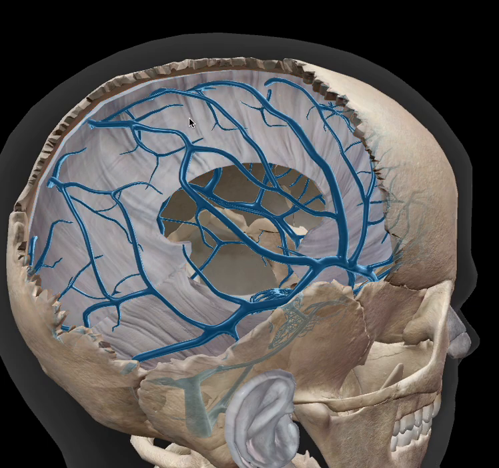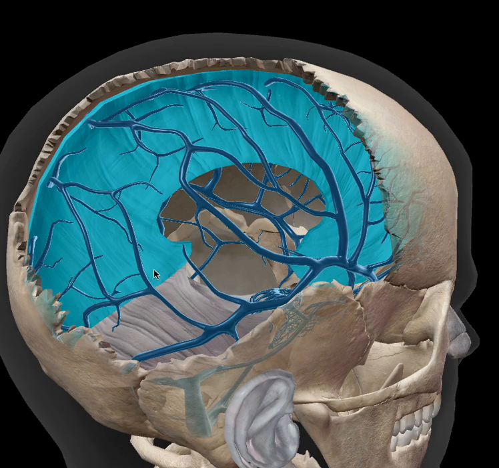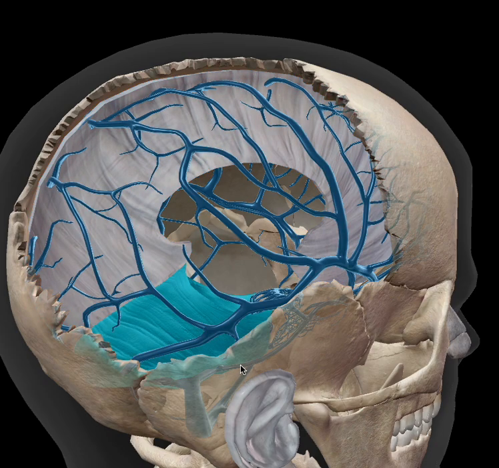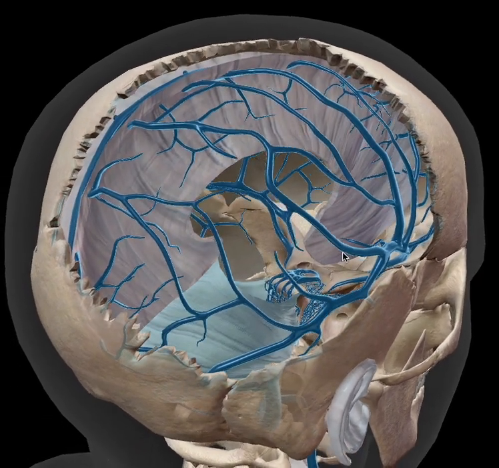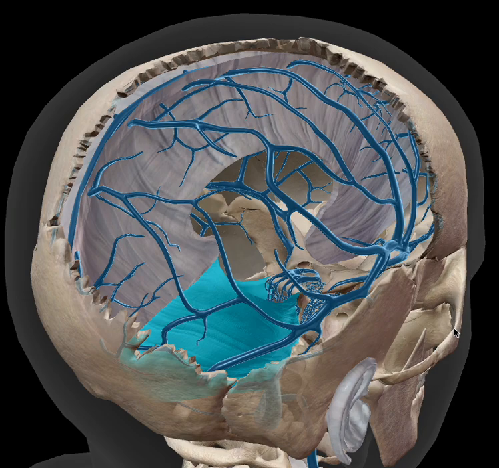Now, there are certain points where these dural folds, so again, falx cerebri and tentorium cerebelli and others, kind of separate and open up and create these sinuses. Okay, so before we get to those sinuses, a few more things related to these partitions.